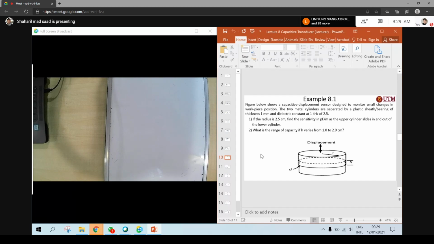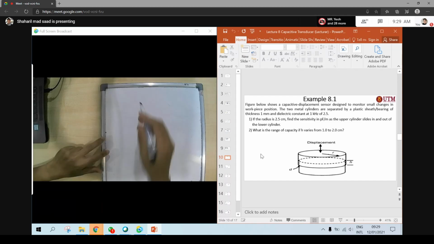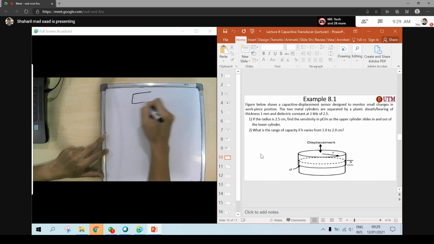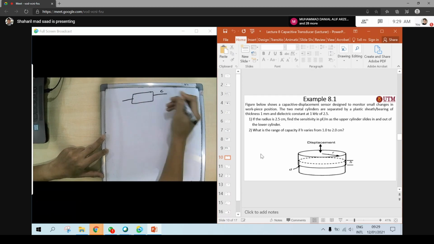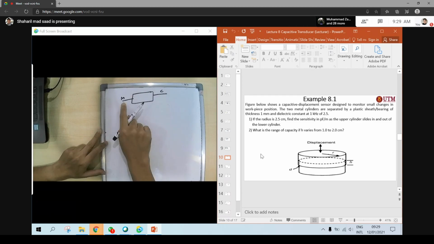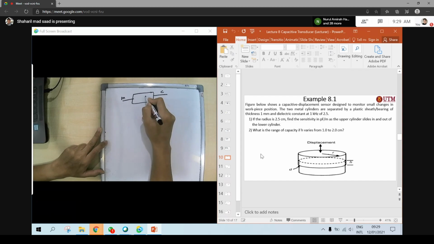As we know, for the capacitive transducer the output will be capacitance and the input will be meters. Before I put millimeters, but the standard unit is the meter. So the sensitivity or transfer function is farad per meter; the unit for capacitance is farad.